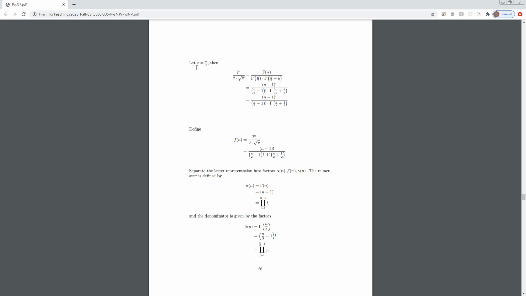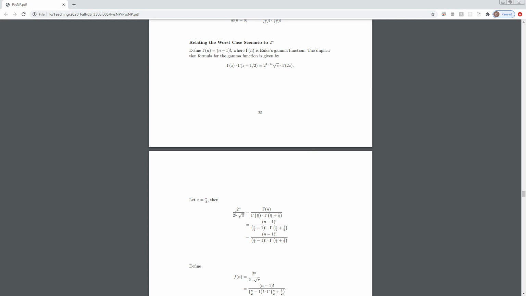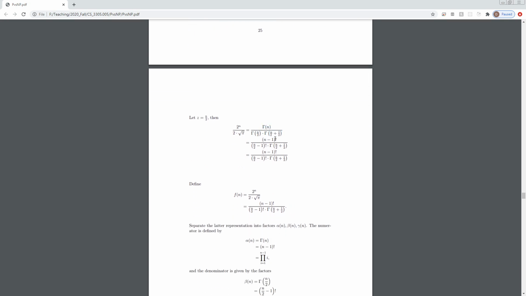So we started off with that formulation, and we made the same manipulations I showed you before, but over here I had 2 to the n minus 1. Well, 2 to the minus 1 is just 1/2, and so here we've moved it down to the denominator. But we have it in that form. This is already n minus 1 factorial. This is n over 2 minus 1 factorial.